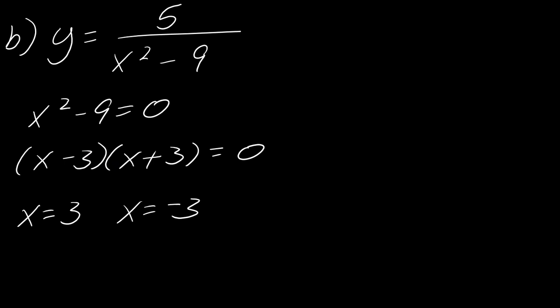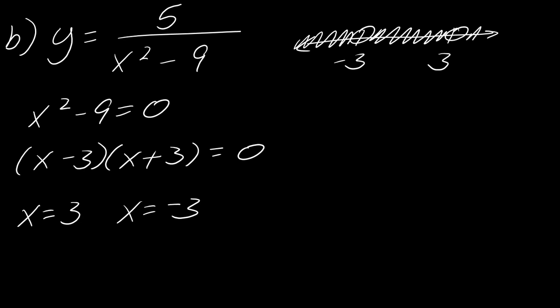Once again, we can use a number line to help us figure out what the interval notation should look like. In this case, negative 3 comes before 3, and these are where I need my holes. This number line is a really nice visual representation to help you figure out your interval notation. And again, remember, this is the negative infinity direction, this is the positive infinity direction.